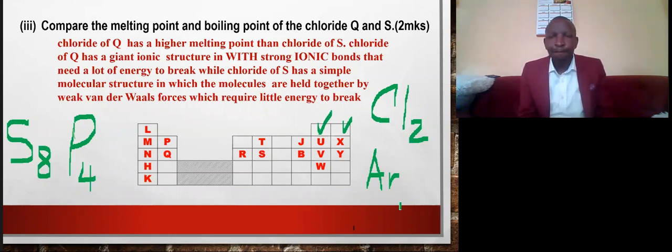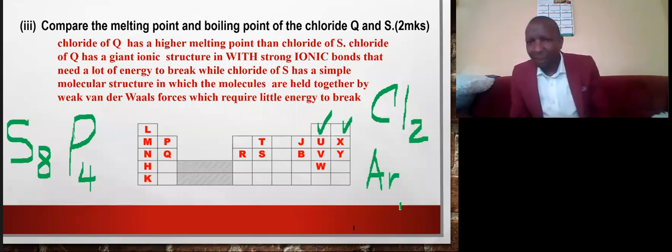You can compare giant atomic, giant ionic, and giant metallic against simple molecular.